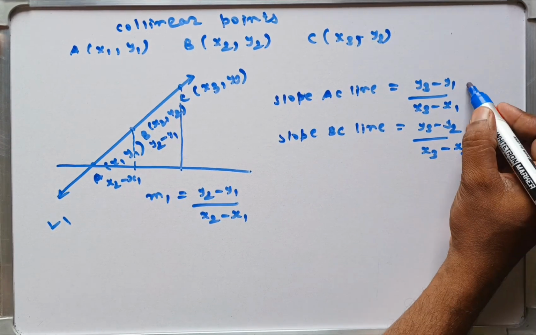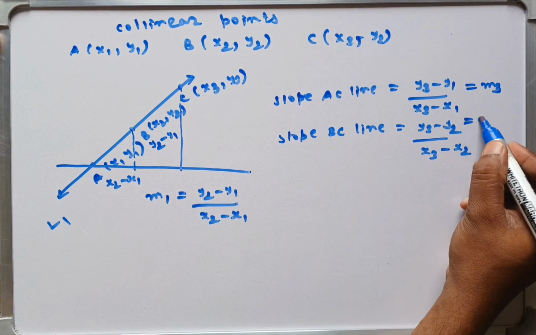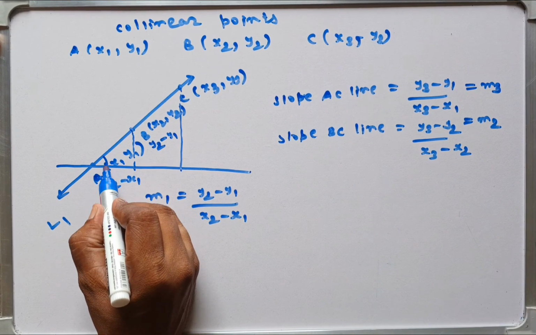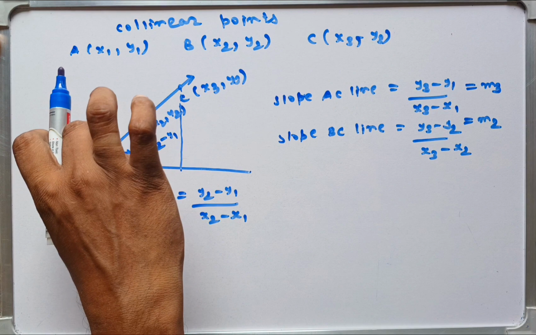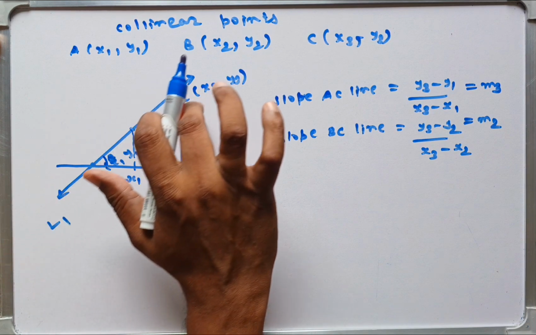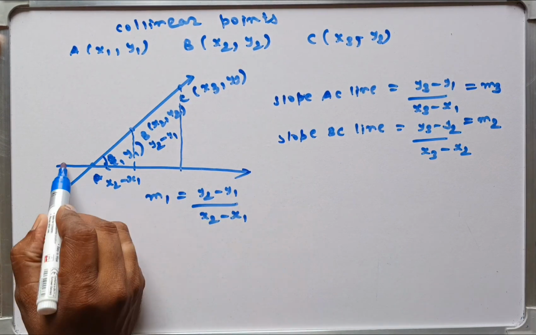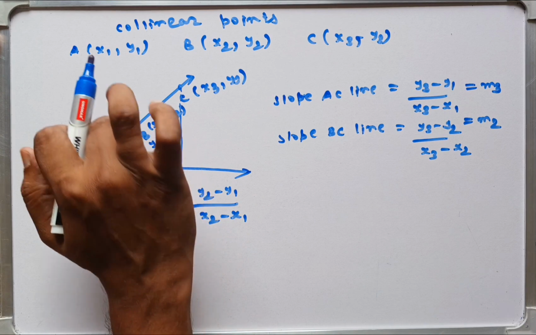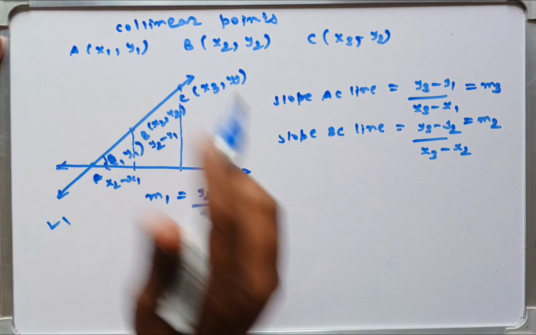So if this slope is say m3 and this one is m2, then this angle is theta, and the angle with respect to the horizontal line must be the same.